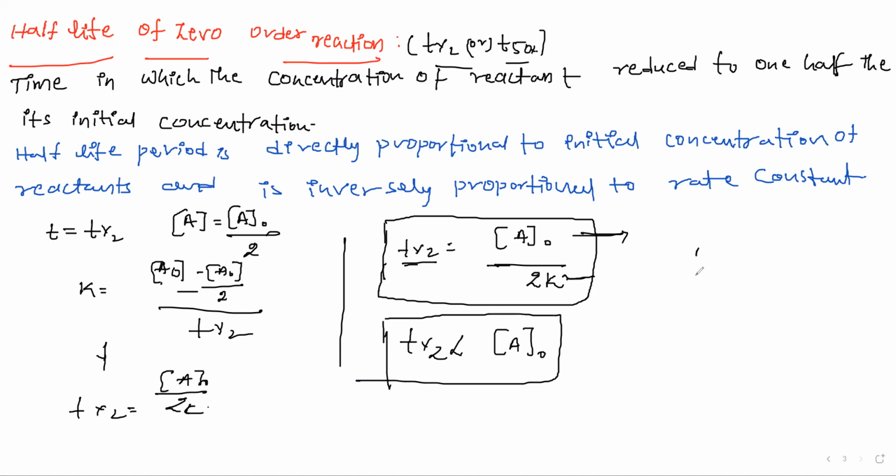This is the half-life period of the zero order reaction. So when it comes to the graph, how can we draw the graph of this one? T of time is on one axis, and here it is concentration. We know already that t of depends on the concentration of the reactants, right? So the graph is increasing. As concentration increases, t of also increases.